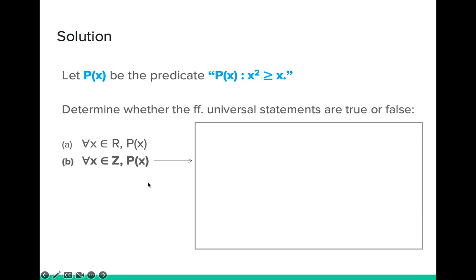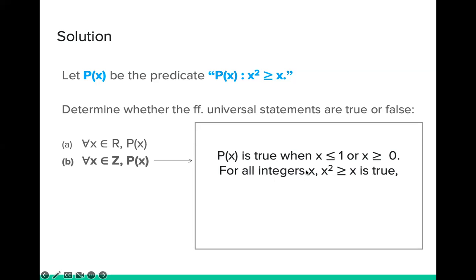What would be the truth value of this universal quantification? Actually, P of x is true whether x is negative, or 0, or a positive number. So for all integers x, x squared greater than or equal to x is true. If we replace x with a positive number like 1, then 1 squared is greater than or equal to 1, so it is true.